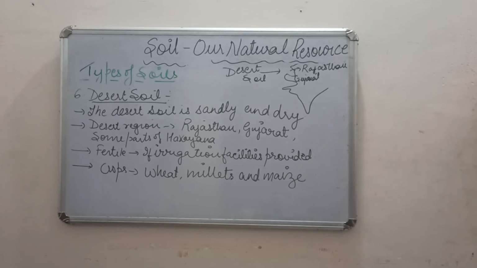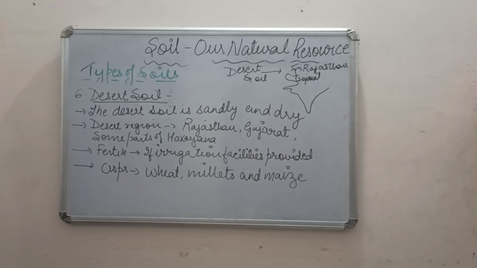Clear? It is found in places like Rajasthan, Gujarat and some parts of Haryana. You can see in the map also the desert soil. See Rajasthan and Gujarat and even some parts of Haryana, where we find this desert soil.